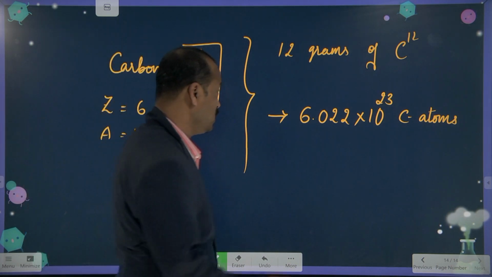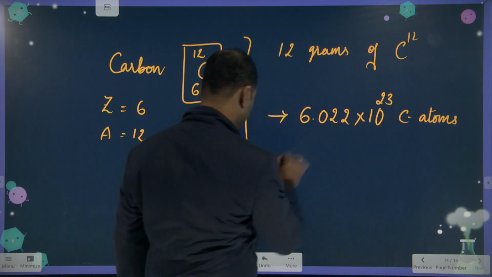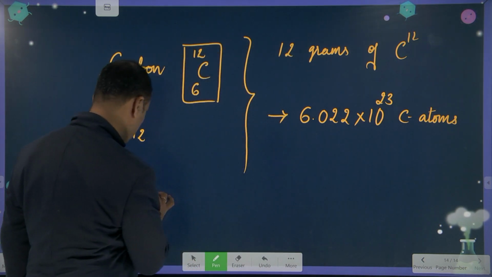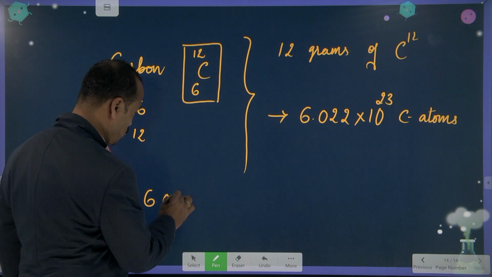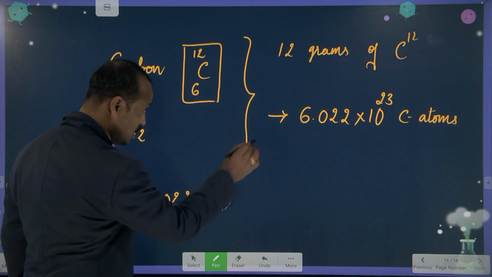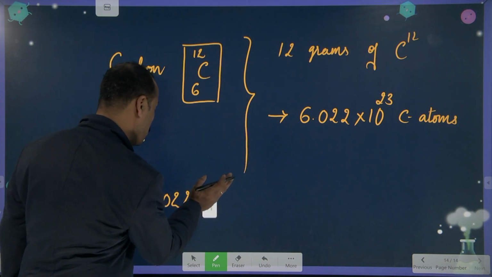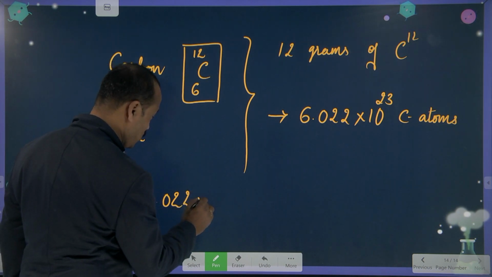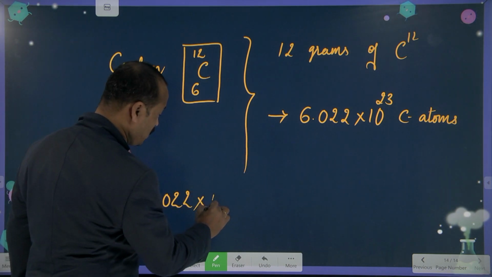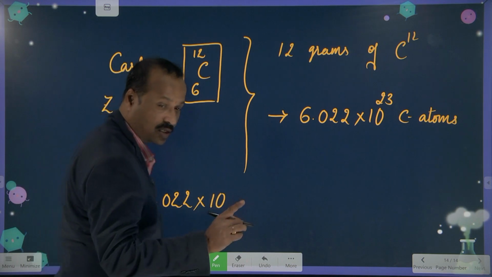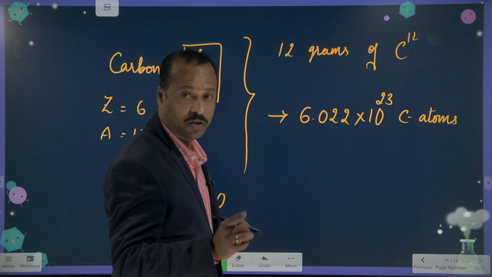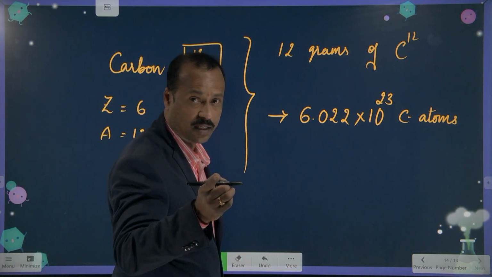Okay. So, what is this 10 to the power of 23? We can write it like this, 6.022 into 10 to the power of 23. 10 square means 10 into 10, that is 100. 10 cube means 10 into 10 into 10, that is 1000.